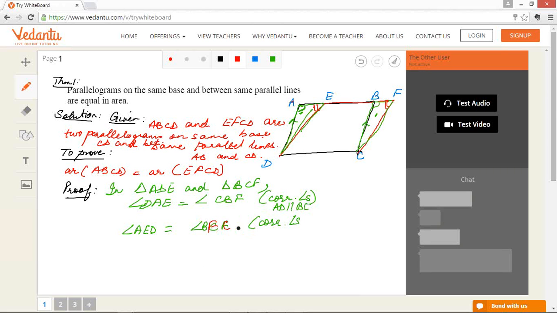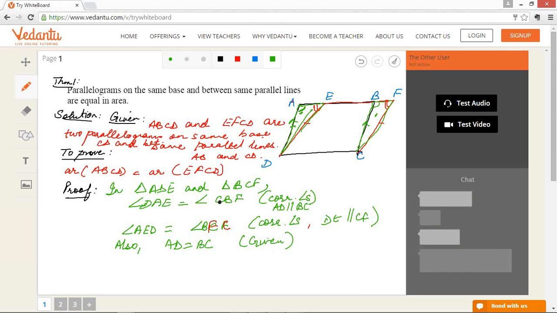These two angles are equal because they are corresponding angles, DE parallel to CF. Also we have AD equal to BC, because it is given that they are opposite sides of a parallelogram.